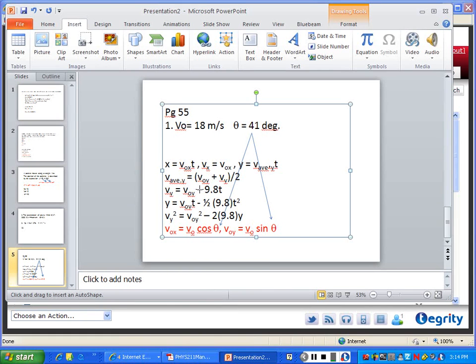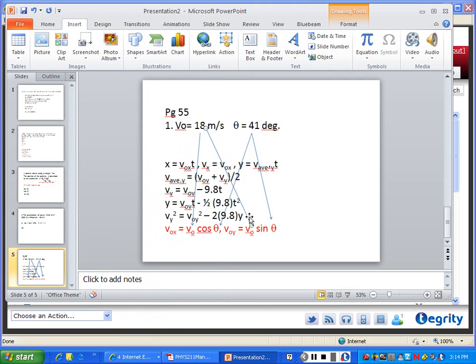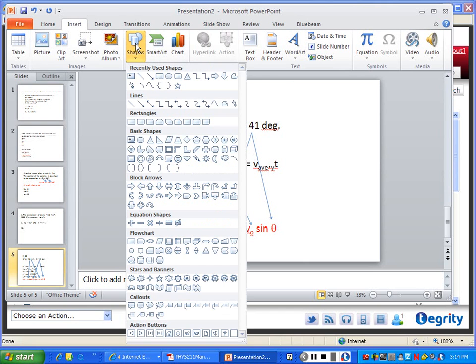We can take that and bring it down here and put it in there and in here. Okay. So because we know V0 and theta, that means we know VOX and VOY. Right? So given that, okay, let's see what we can do.